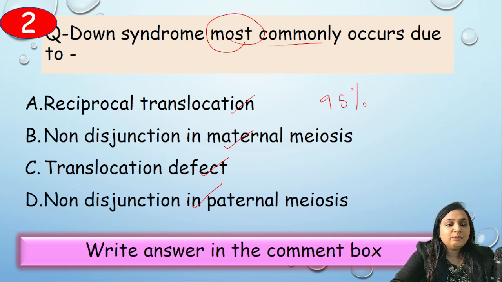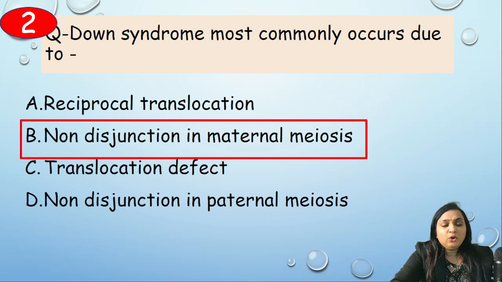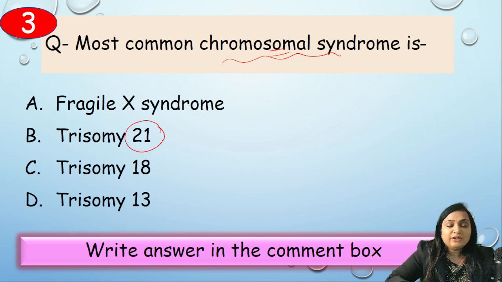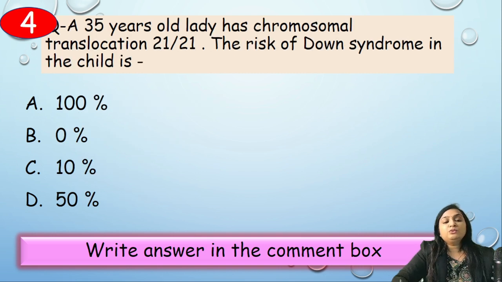So the correct answer is option B, non-disjunction in maternal meiosis. Next question: the most common chromosomal syndrome is, and we have also discussed this, trisomy 21.